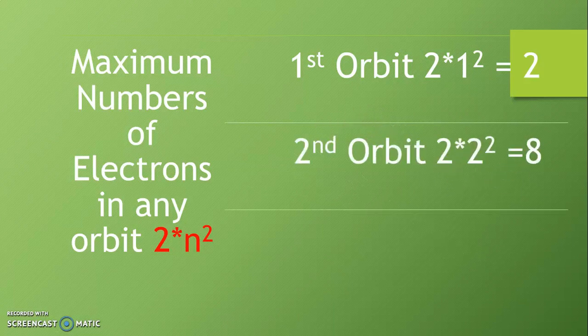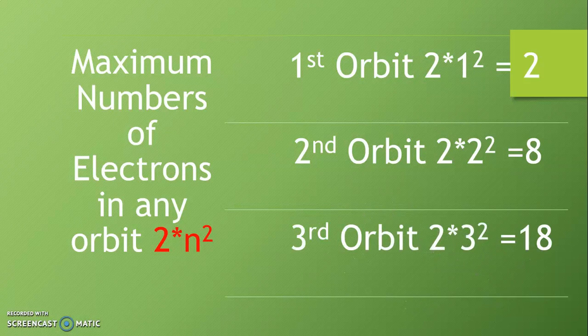If we consider n is equal to 2, the second orbit, then the maximum number of electrons is 2 multiplied by 2 raised to power 2, that is 8. For example, if we consider the third orbit, n is equal to 3, then the maximum number of electrons in the third orbit is 18. And so on, we have a maximum number of electrons in different orbits.